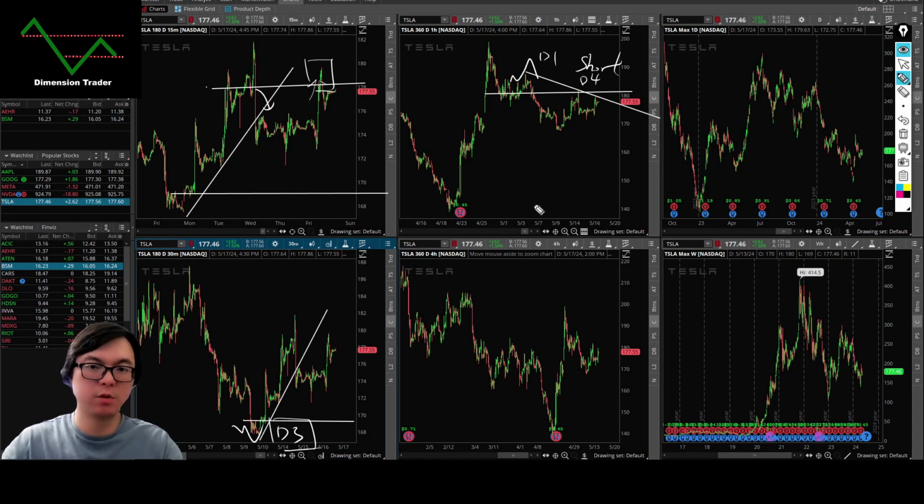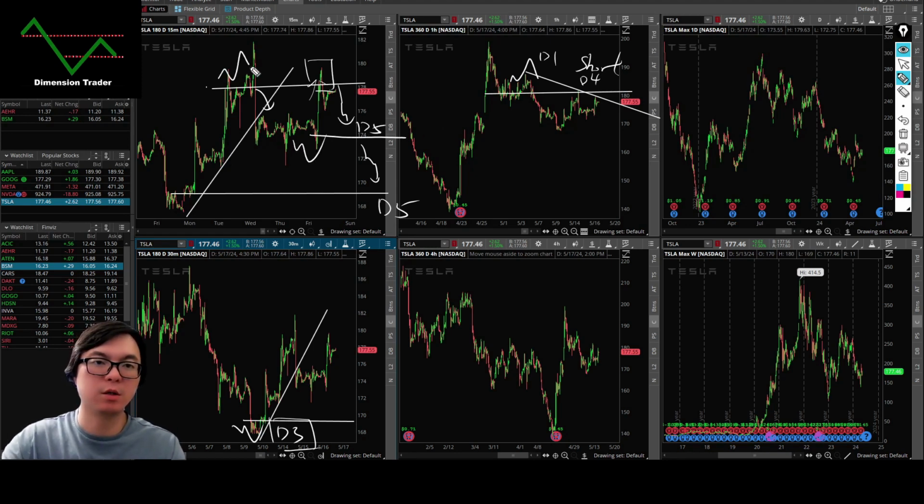For scalping, we can trade short probably down here. For the midterm, we can trade a short probably down here as a dimension 5 zone. As the short-term dimension 5 zone, this is a small one. Okay, 1, 3, 2, 4, 5.